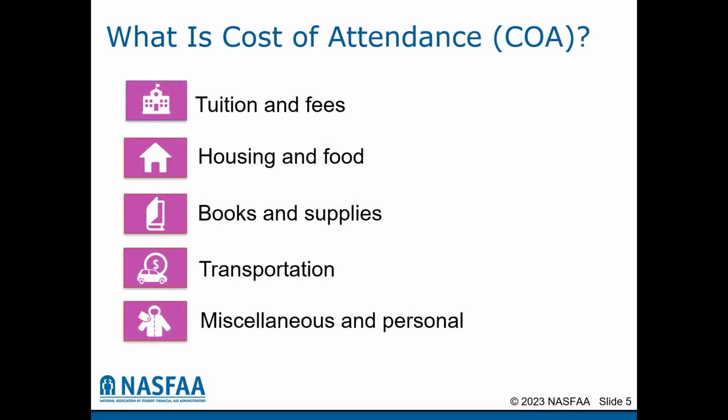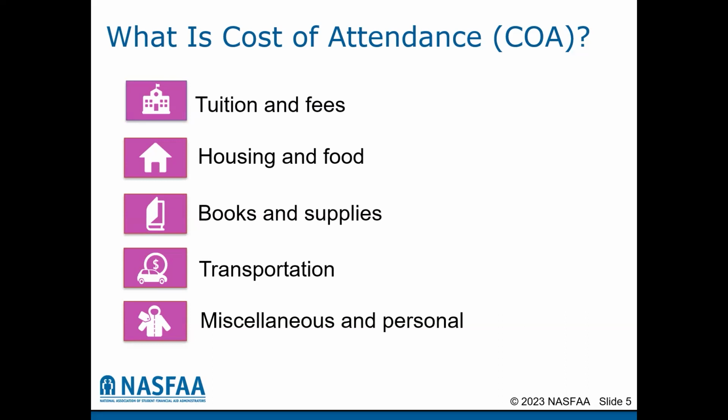The cost of attendance consists of two types of educational costs: direct costs and indirect costs. Direct costs are billed by or paid directly to the college or university. For example, tuition and fees, on-campus housing, or school meal plans.